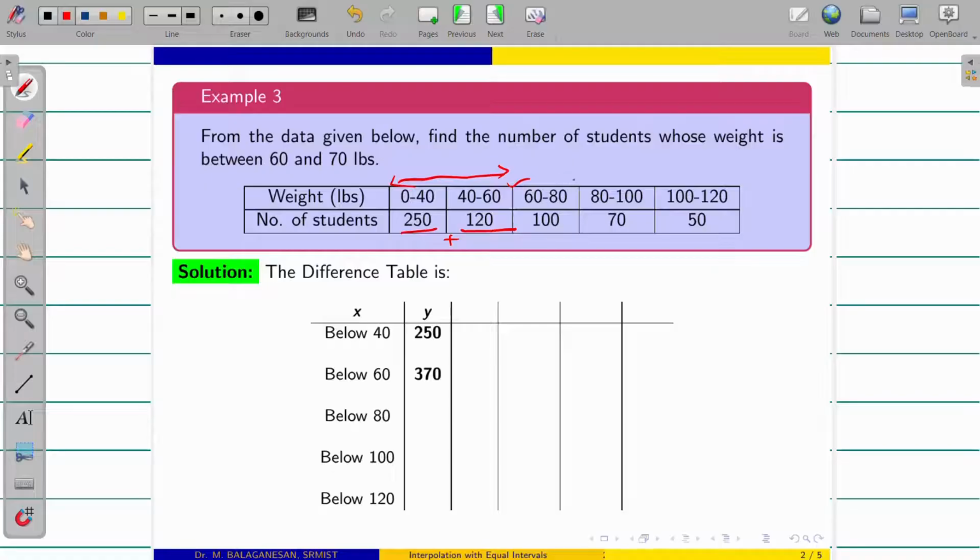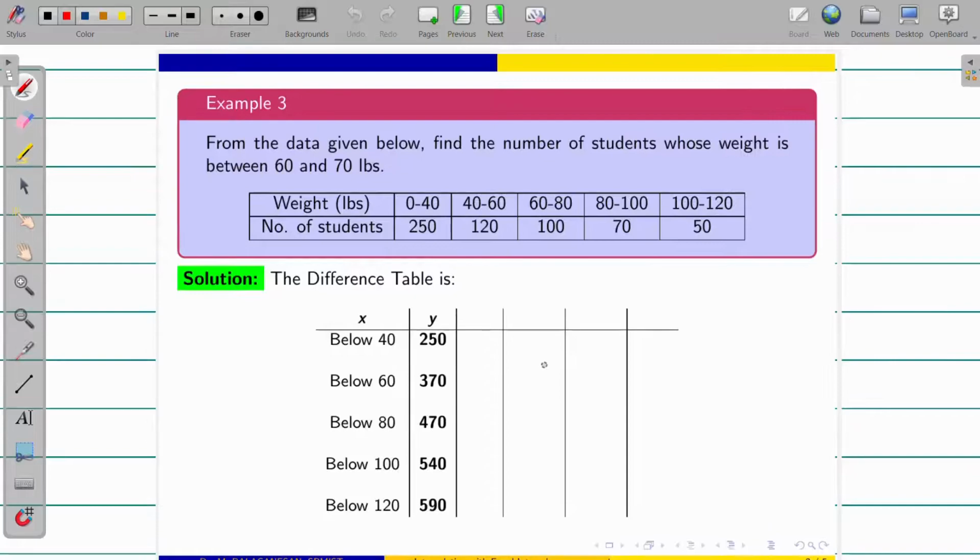Then up to 80, or below 80, will be this plus 100, so 370 already there, it will be 470. That's it. Similarly for up to 100 and up to 120, you can use the words up to or below. This is the only different thing: changing the continuous range data into raw data, and then the procedure is similar to what we discussed earlier.